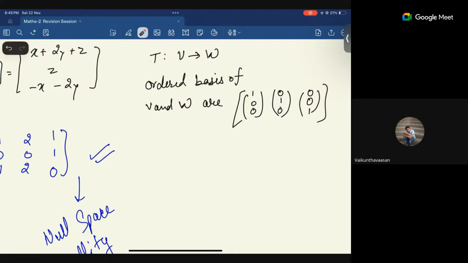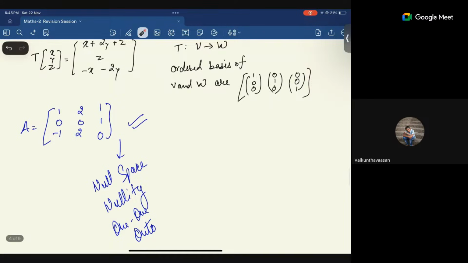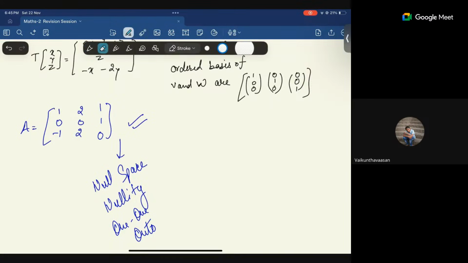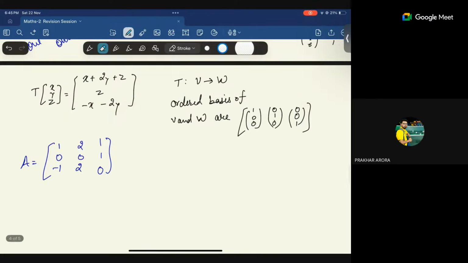These are the input vectors. Yes, these are the bases of the input vectors. If you think that this is the null space basis, no, these are not the null space basis. I thought that is the RREF. No.